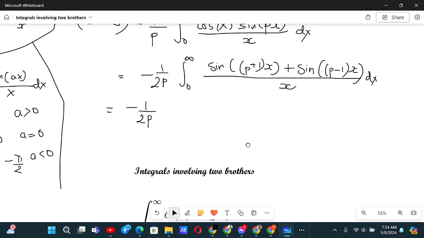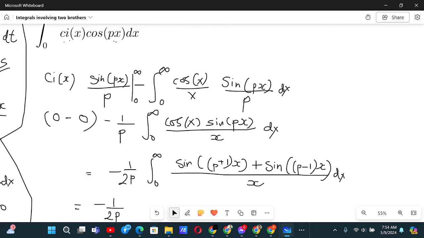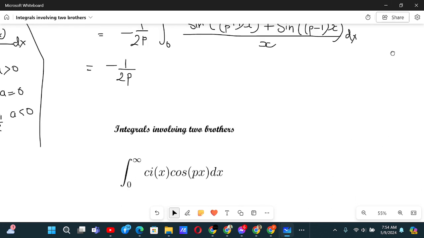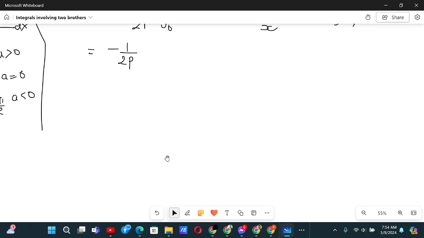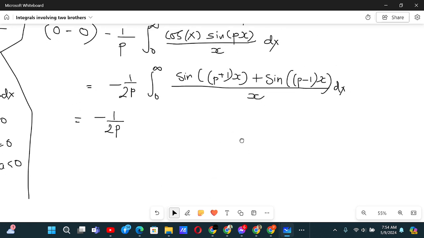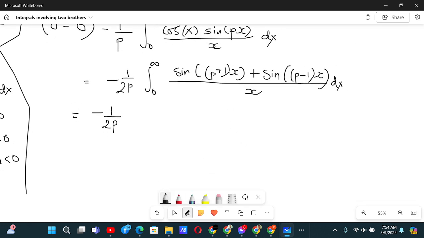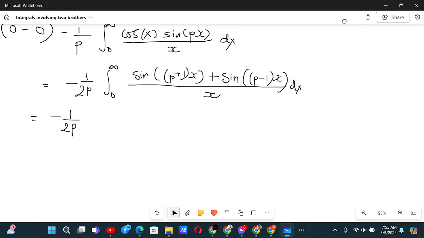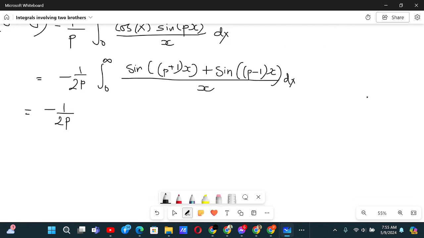So now over here, the values will depend on p. Let us say that p is a positive number as well.